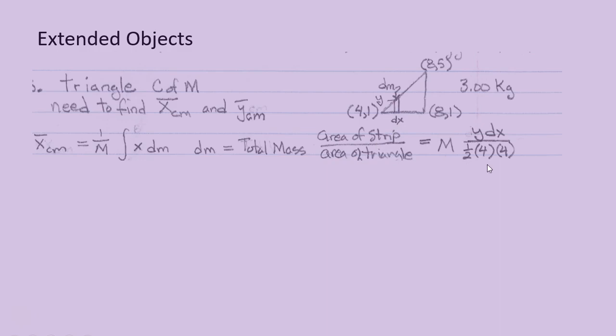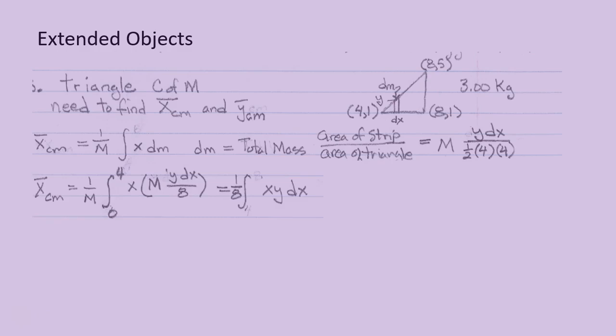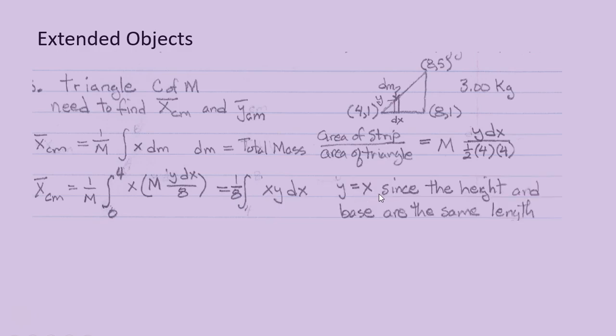Here's the expression for dm for this specific triangle. We substitute this in our integral for dm, and we simplify this, and we back out the constant of 1/8, and we have the integral of xy dx. y equals x, since the height and base of the triangle are the same length.